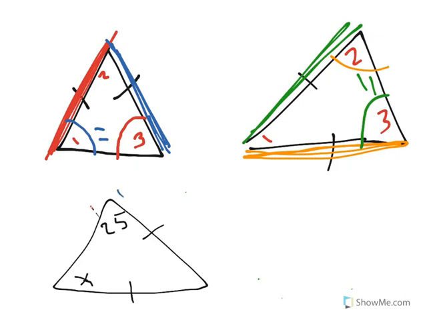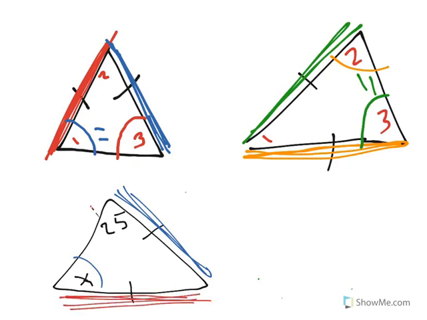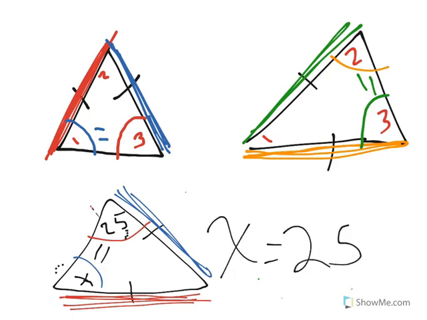That's always the first thing you want to do. So here's a leg. The angle that does not touch that leg would be x. Here's a leg. The angle that does not touch that side will be over here. So base angles are equal to each other. They're congruent, which means since this angle, the red one, is 25, this has to also be 25. x is 25.